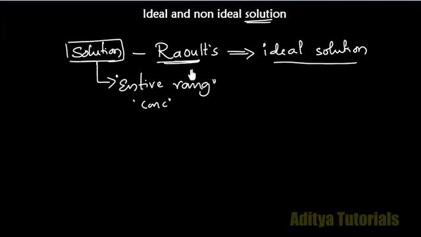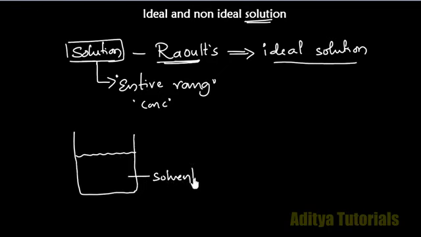Okay. So for the ideal solution, the enthalpy change for the mixing of pure components is 0. For example, assume that you have a container and in this container you have taken a certain solvent. Assume that this solvent is termed as A and in this you are adding a solute, and that solute is termed as B. Okay, now listen.